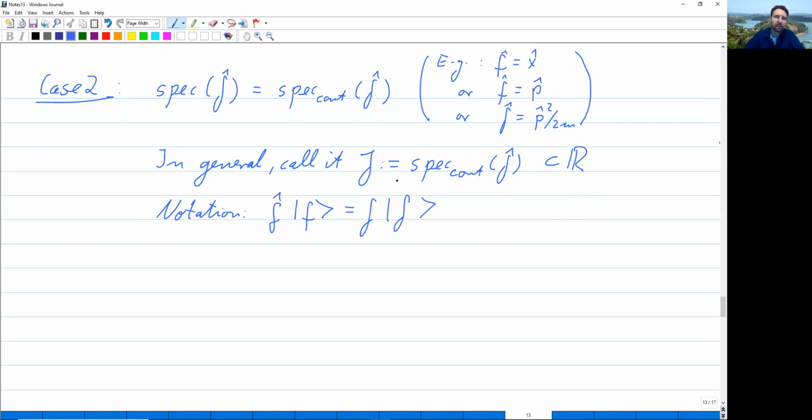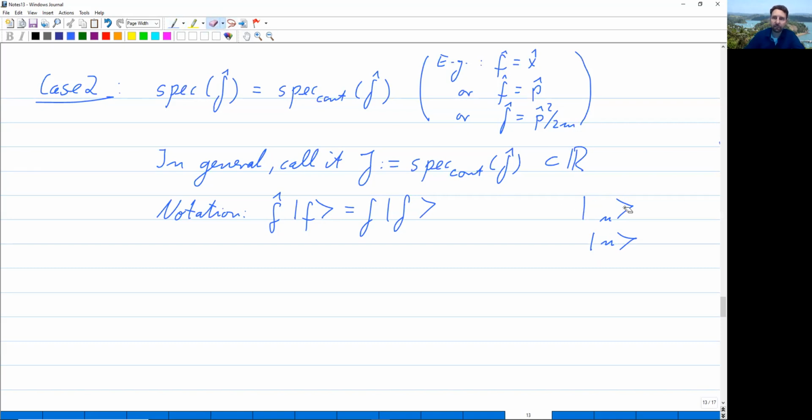Instead, in the case of continuous spaces, we usually, not always, but usually label the basis vectors simply by the eigenvalue. If we have discrete basis vectors, then we usually write this, but sometimes we would also just write this, where the index is the name of the basis vectors. This can be a little bit confusing if you have several discrete bases around, right? That's why it's better to give these things names.